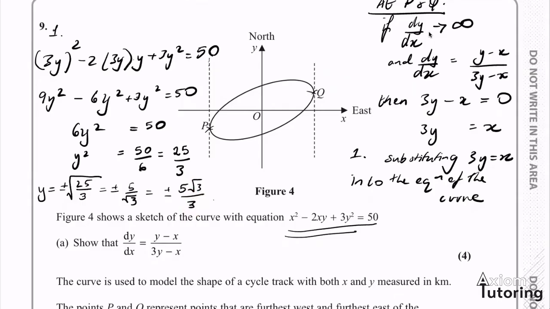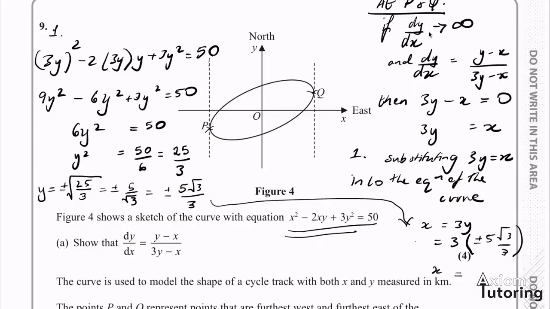And now to find x, I'll just write it down here. Because we know that 3y equals x, we can write x equals 3y. And so x will be 3 times plus minus 5 root 3 over 3. I'll write it all at once there, so we get both answers out immediately. And so x is equal to plus minus 5 root 3.